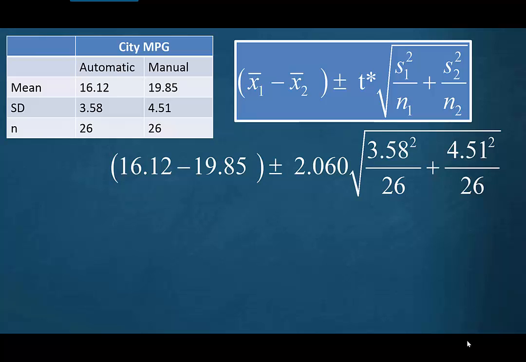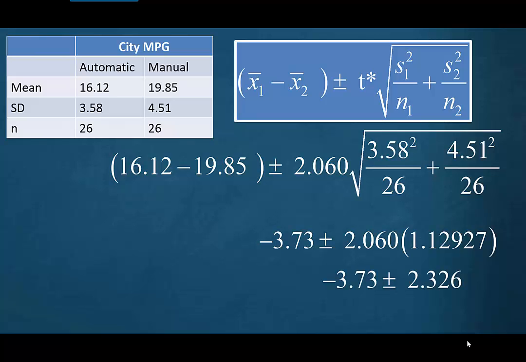Evaluating that, and subtracting the sample means, I'm going to have negative 3.73 plus or minus 2.060 times 1.12927. Finding the margin of error, we get negative 3.73 plus or minus 2.326. This gives us an interval from negative 6.056 to negative 1.404.